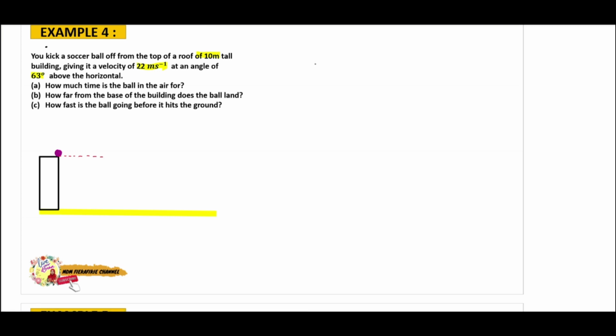Allah. Tak lurus saya lukis. Okay, awak lukis lurus pakai pembaris. Okay. So the ball, you kick the ball. So you kick the ball at angle of 63 degree. Okay, and this is the initial U. So given that U is equal to 22 meter per second.